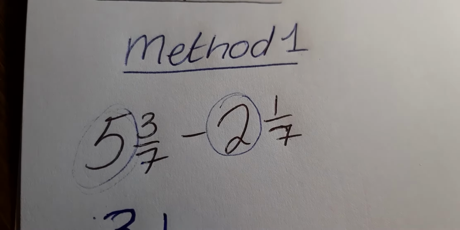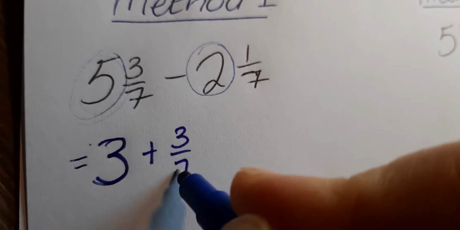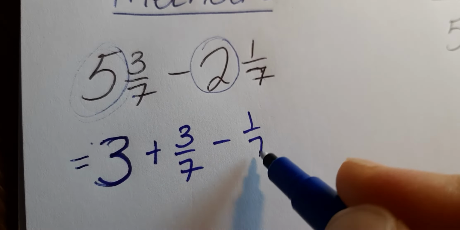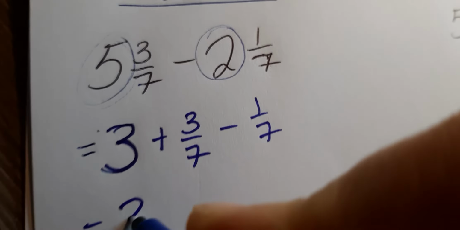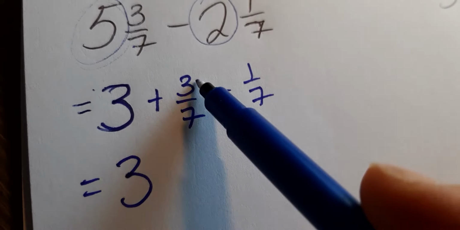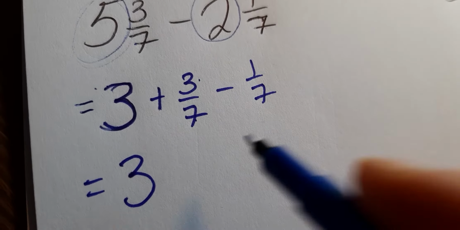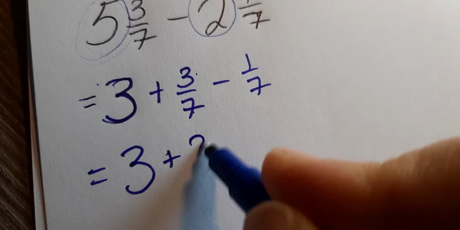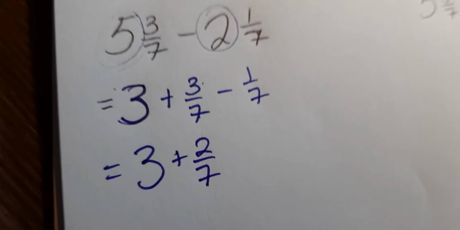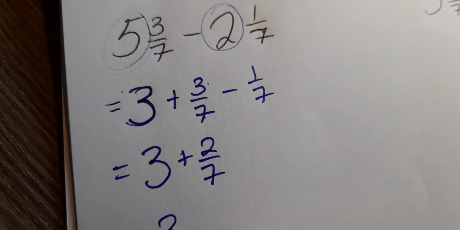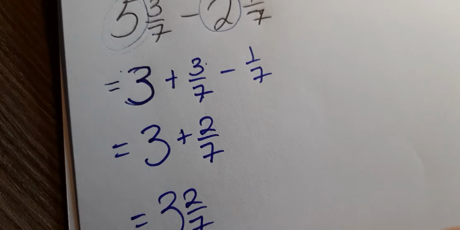So we can just write plus 3/7 minus 1/7. So that equals 3 wholes, and then 3/7 minus 1/7 is 2/7. 3 plus 2/7 is 3 and 2/7. That's what we said.